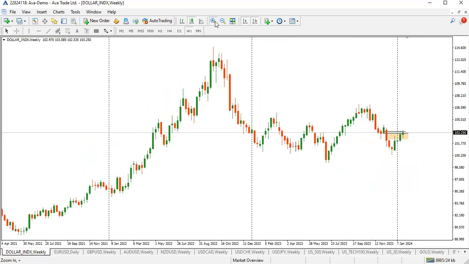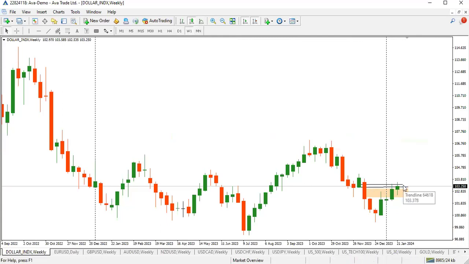Now, what changes my bias and my sentiment for dollar index? If it trades and closes above this green candle, and the body closes above it, let me put a line.